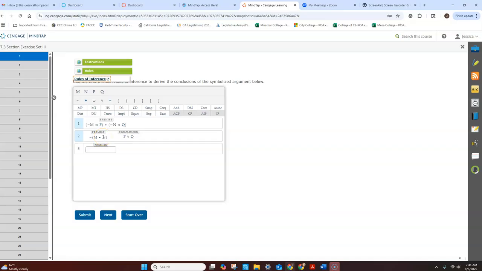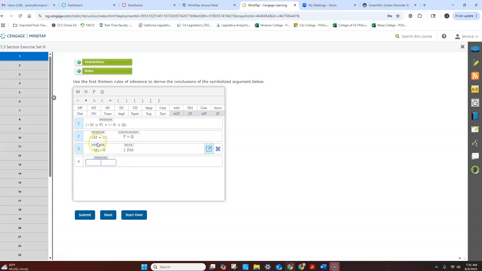And namely, that is this, not M or not N. And that would be 2 and De Morgan's, and then you check. So if it lets you move ahead, that means you did a logically appropriate thing here, right?